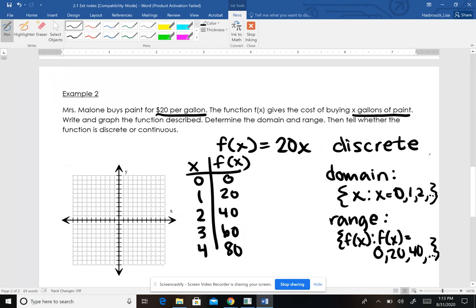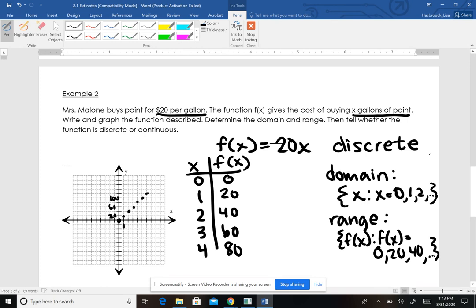Instead of just graphing it in slope-intercept form, you could have also graphed it in slope-intercept form. You would get the same answer because you're going to start at 0, 0. And if you use slope-intercept form, your slope is 20. I'm going to have these lines go by 20s, so I'm going to relabel them. So my rise is 20, my run is 1.